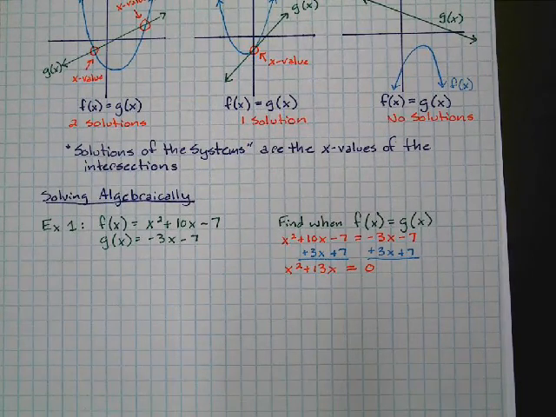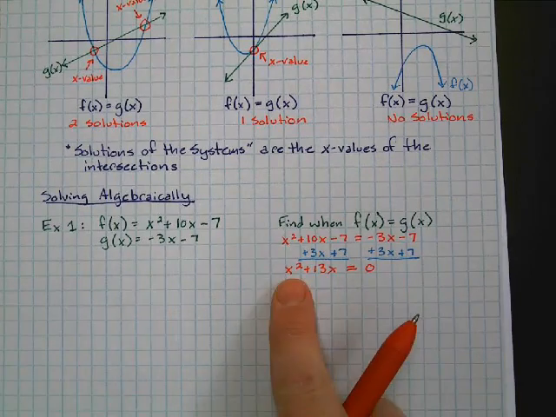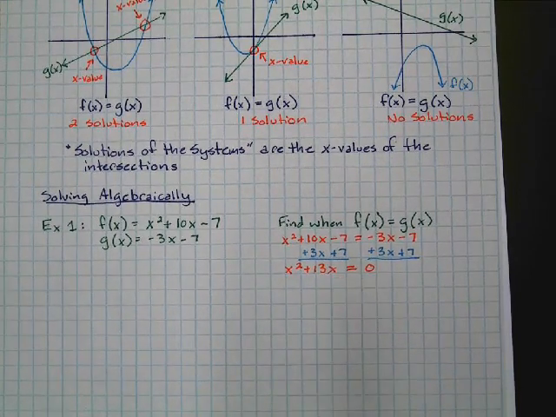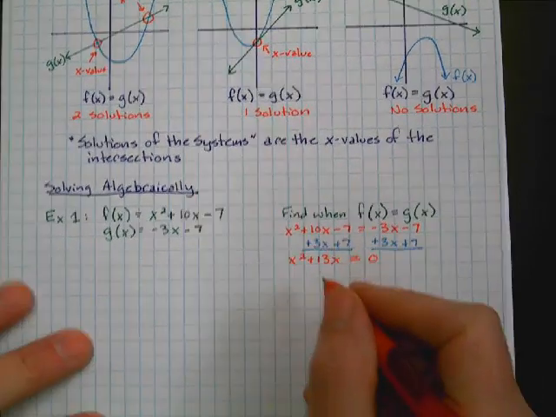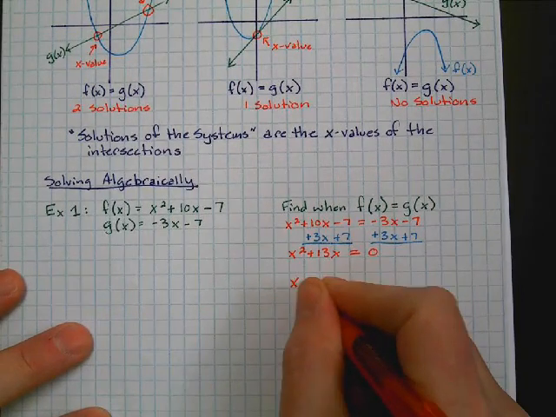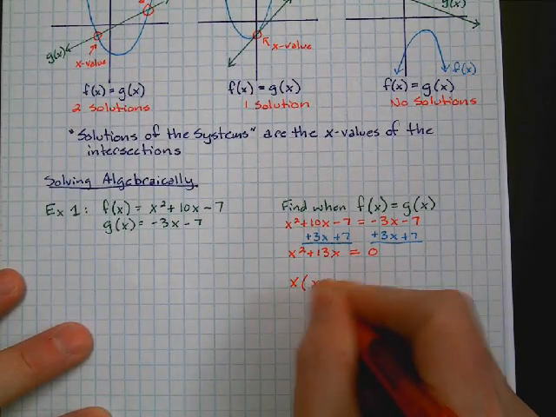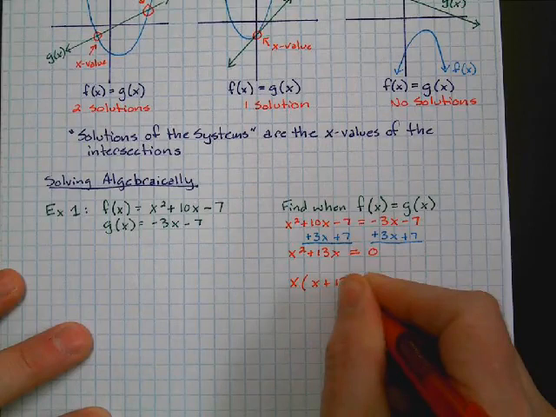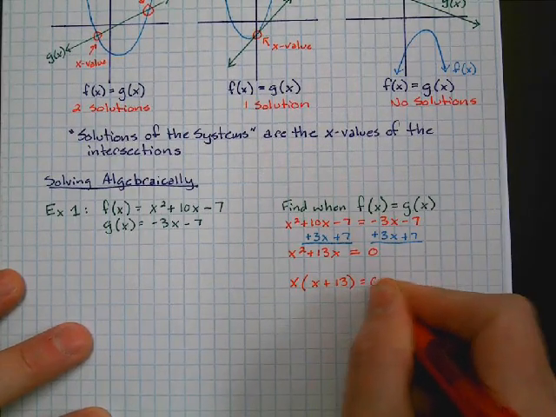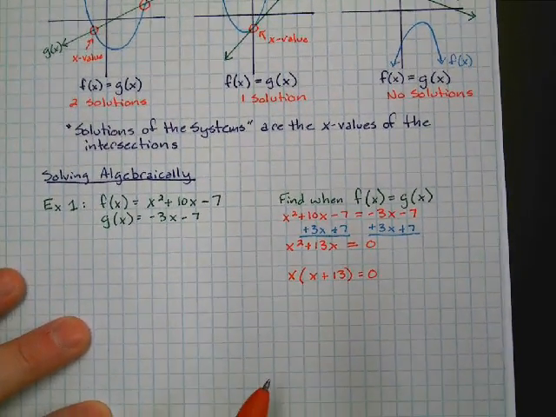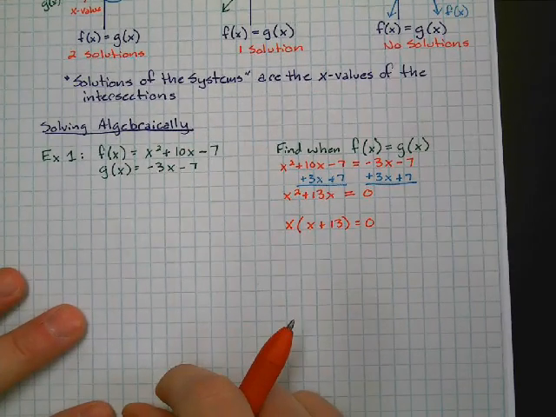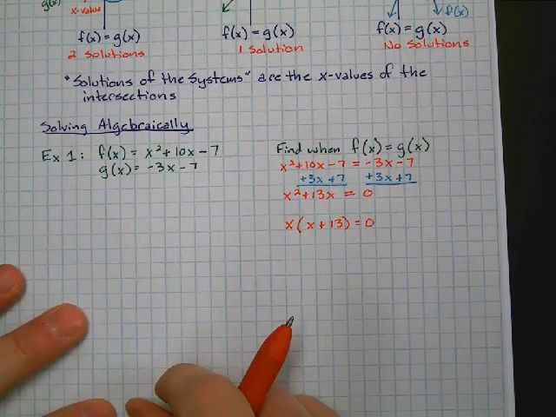The other method that is probably the best for this one is factoring, because I noticed that I can factor out an x. So that's going to be my first step, factor out x. I'm left with x plus 13. So this is in factored form now. And when we have something in factored form, we can set our factors equal to 0 using the principle of zero products.